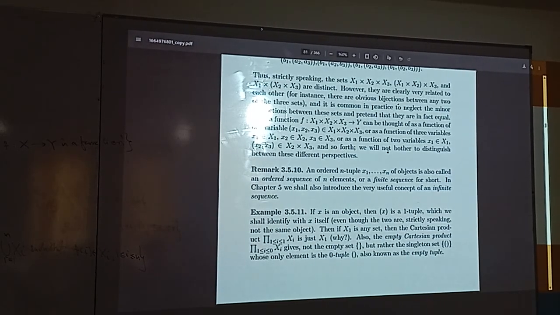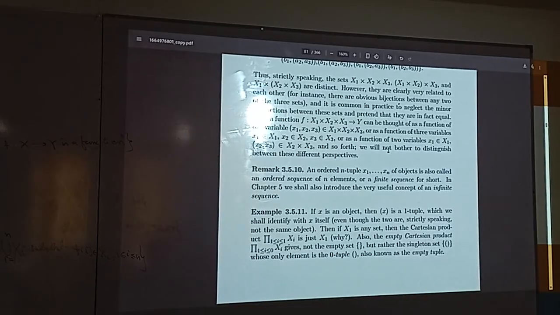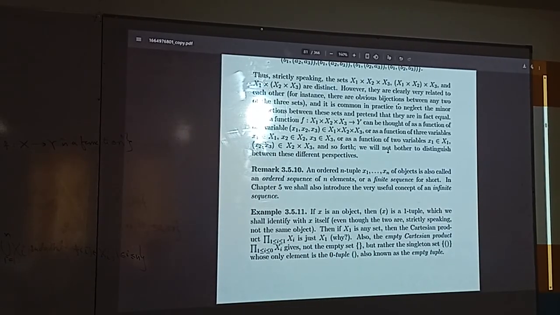An ordered n-tuple (x1 up to xn) is also called an ordered sequence of elements, or a finite sequence for short. In Chapter 5, we shall also introduce the very useful concept of an infinite sequence, which is once more very important in analysis. We are going to learn about it very soon.